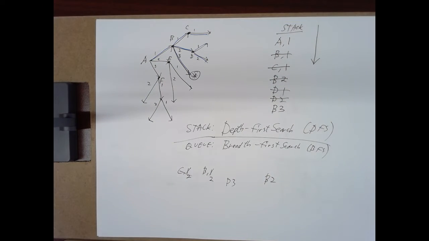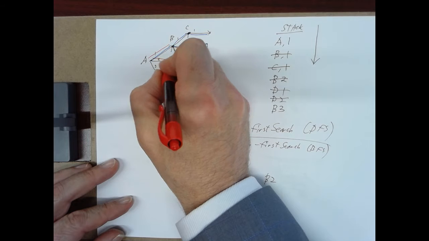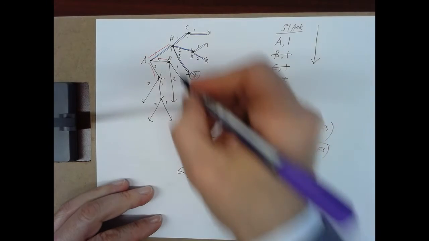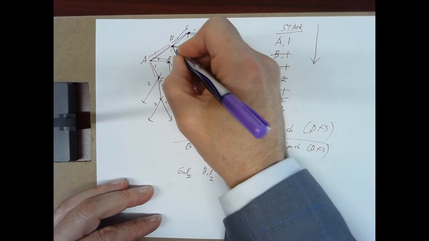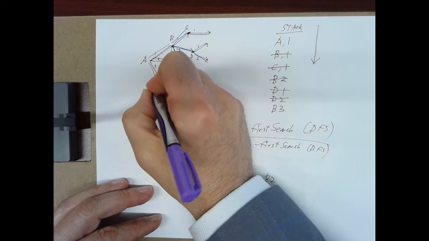A breadth-first approach would say, first let's try going one hop from A. So we'd visit B, we'd visit E, we'd visit F. And none of those had our targets. And then we would say, okay, let's go one hop from each of the things that we already got to. So that would travel along this edge, and this edge, and this edge, and this edge, and this edge, and this edge.